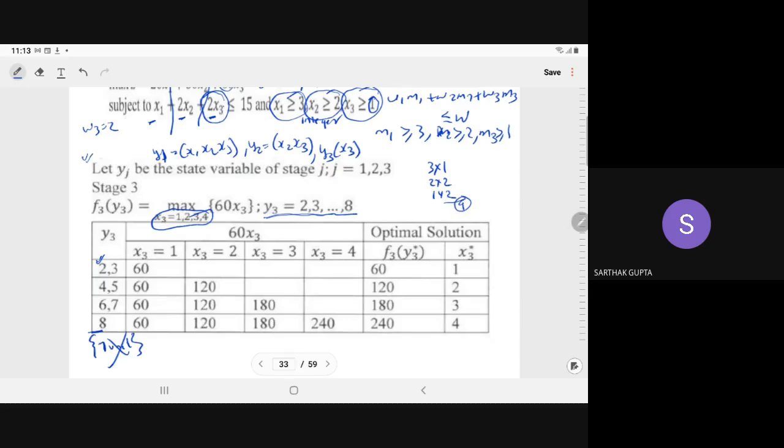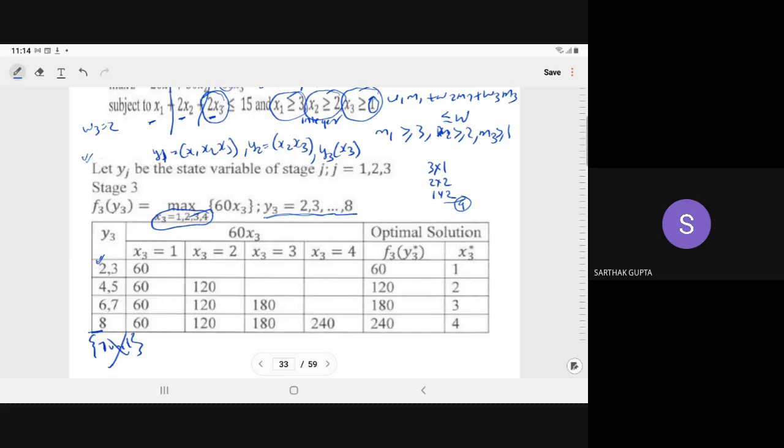So x3 can be 1, 2, 3, 4, and the corresponding objective function value f3 for y3 will become 60, 60, 60, 120, 120, 120, 120, 60 into x3, 180, 180, and then 240. It is the question of the maximum.